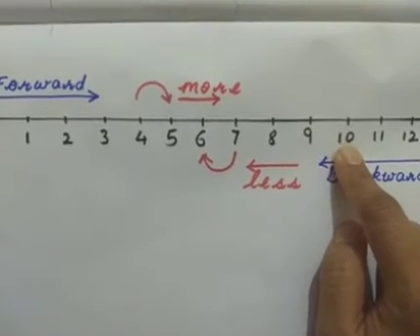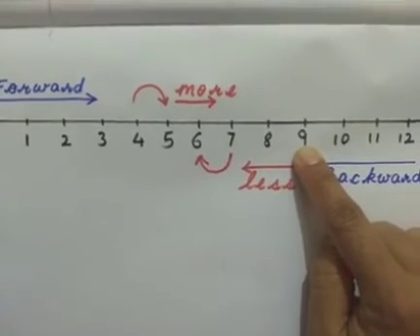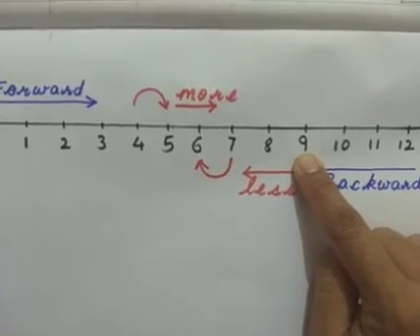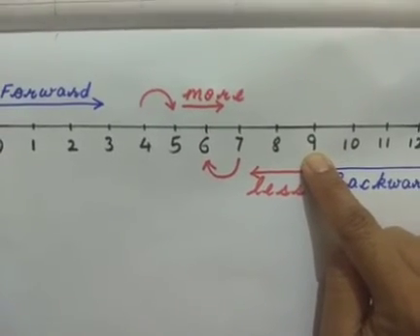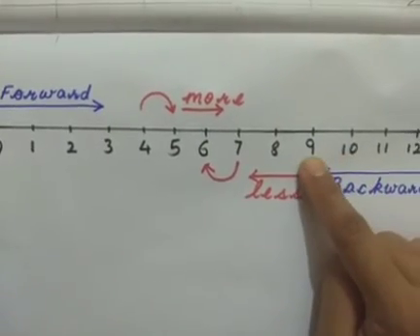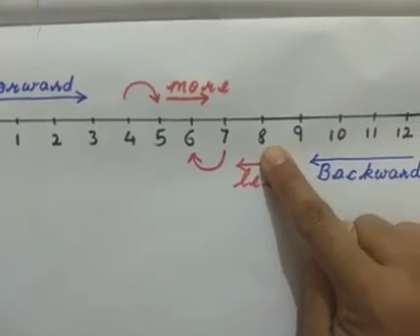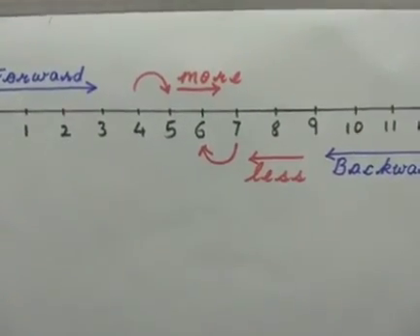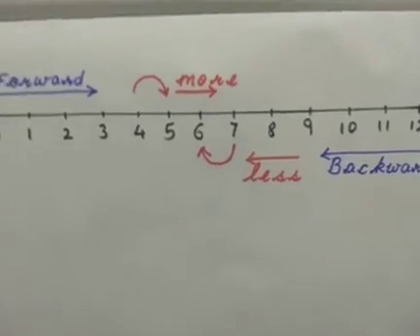Yes? Then I take 1 more jump backward. I reach 9. Here number 9 is less than number 10. But how much less is it? It is 1 less than 10. Just 1 jump. So as I move backward, yes, the number gets lesser and lesser.